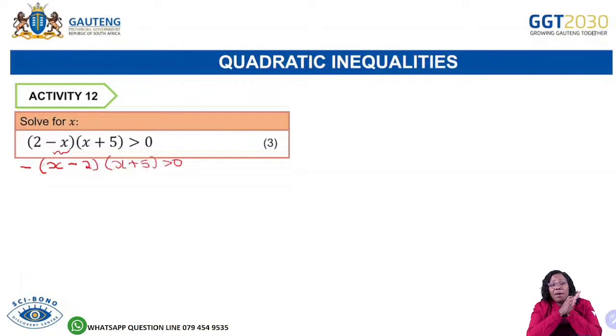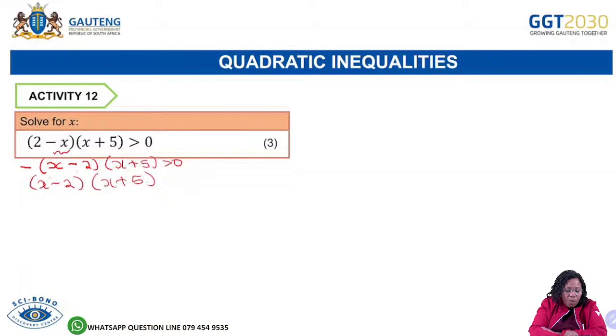We are going to multiply or divide by that negative on both sides. The minute you divide or multiply by a negative, you'll be left with x minus 2. We have removed the negative, but it will affect your inequality sign. Multiplication or division by a negative affects the inequality sign. This inequality sign was initially greater than 0, and it will now be a less than 0 inequality. So now our solution will be based on the less than inequality sign, all right?